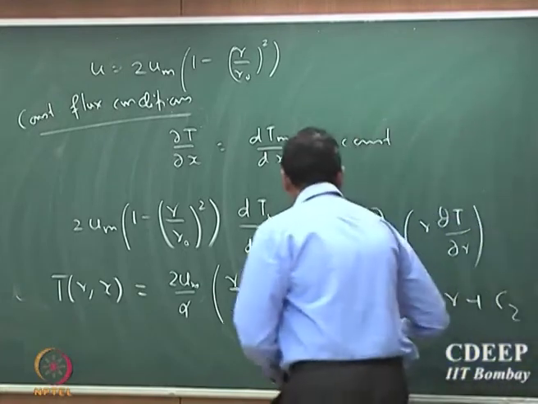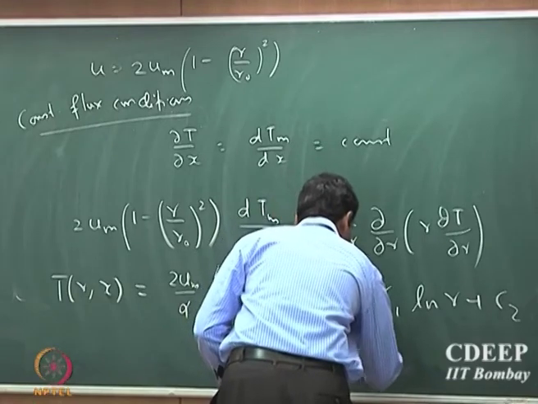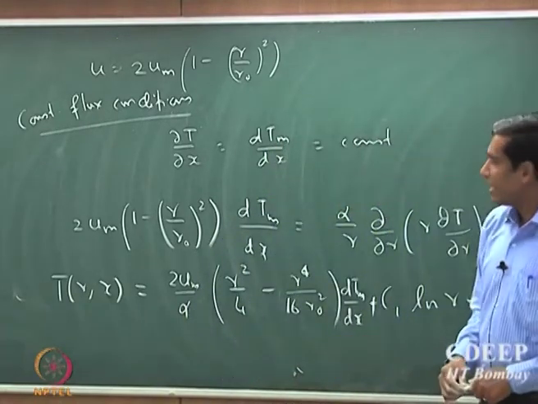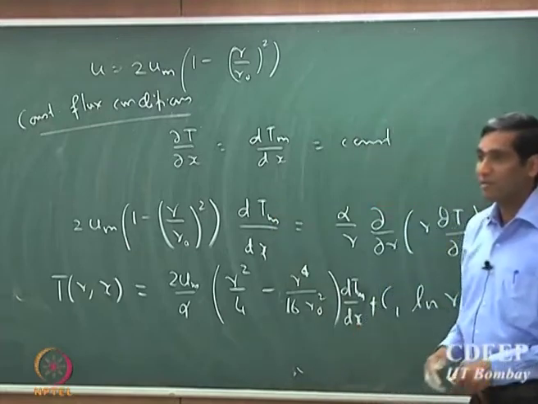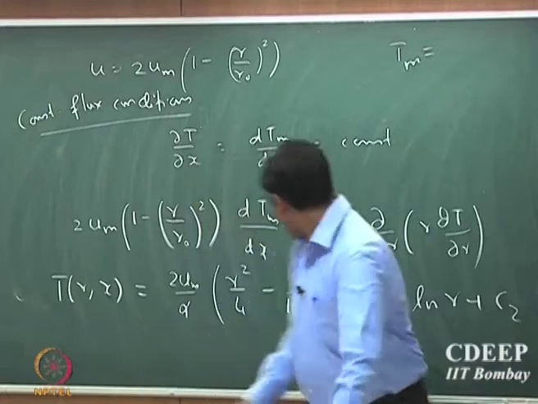Sorry, that should be a dTm/dx. I forgot to copy this here. dTm is already the cup mixing temperature, so it is already there.